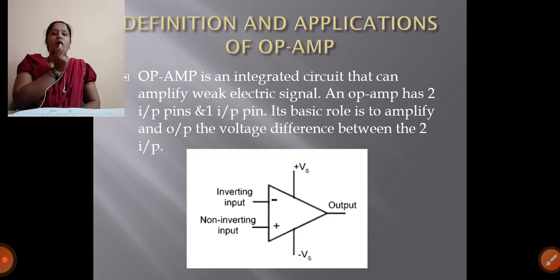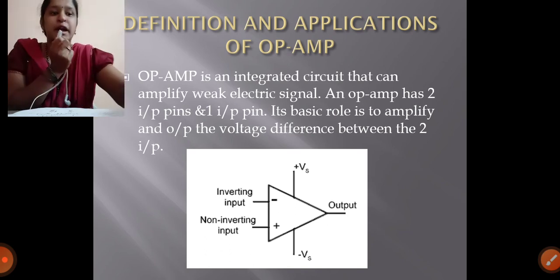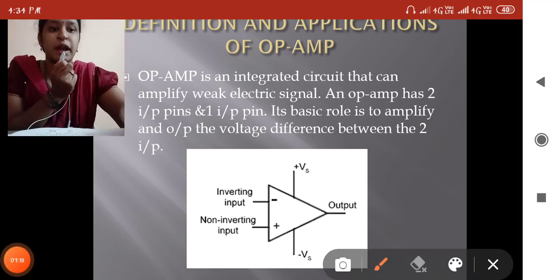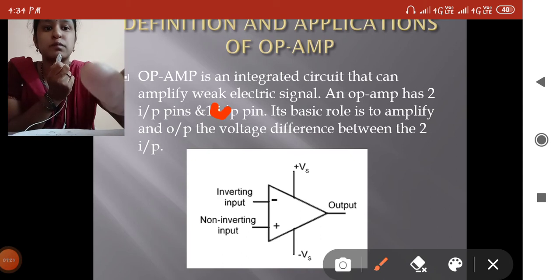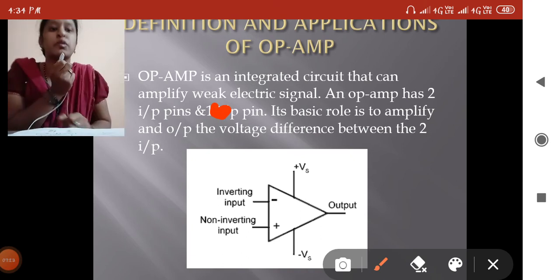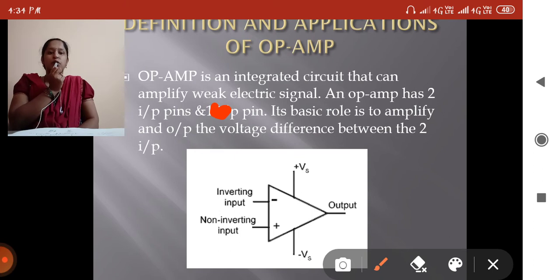An op-amp has two input pins and one output pin. Its basic role is to amplify and output the voltage difference between the two inputs.